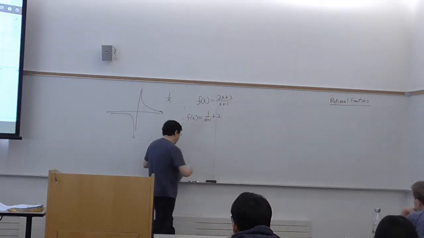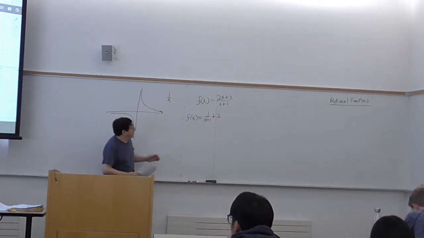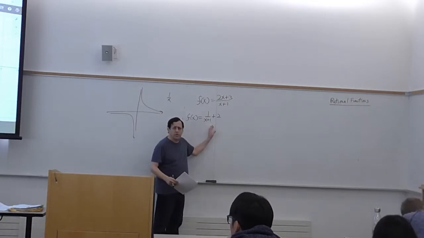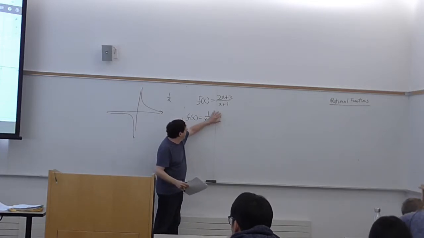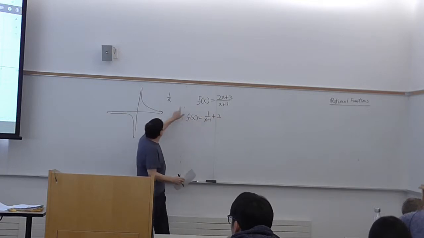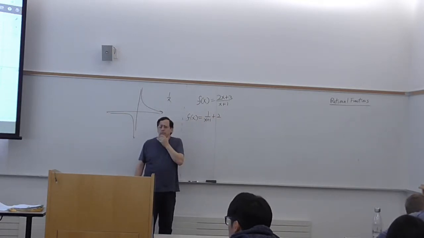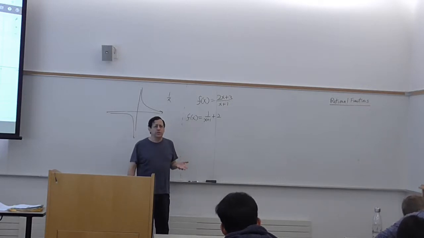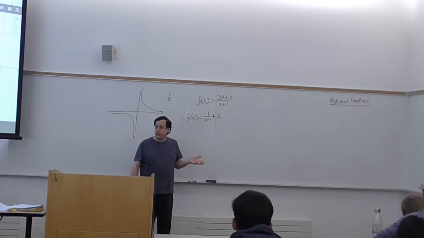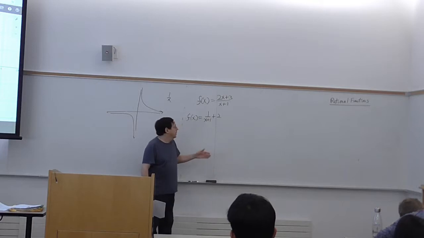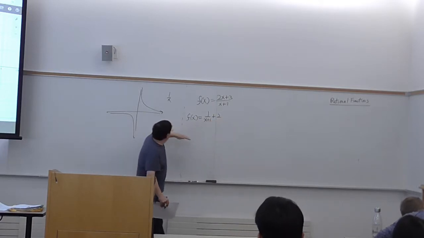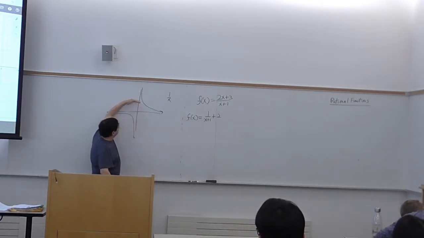Okay, so what was the purpose of that? The purpose was, if you look at this, it looks a little bit like our 1 over x function. How does it differ? Well, it's translated, right? The plus 2 is going to translate it up.